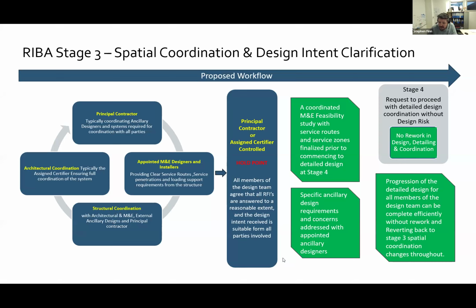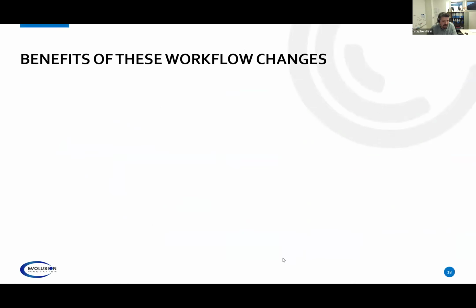So progression of detailed design for all members of the design team can be complete efficiently without rework and reverting back to stage 3 spatial coordination changes. Reverting back to stage 3 spatial coordination when we're already in manufacture is always a mistake. It always causes unnecessary stress to the entire system.